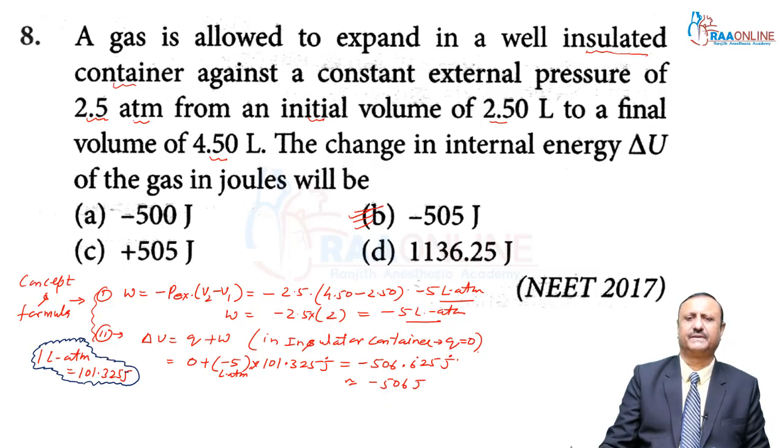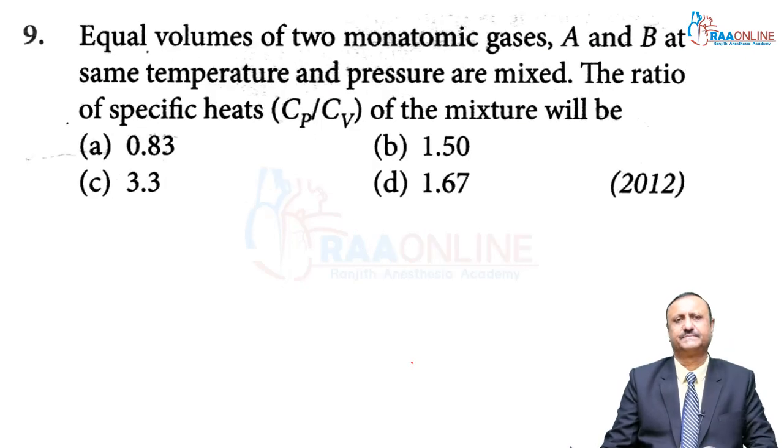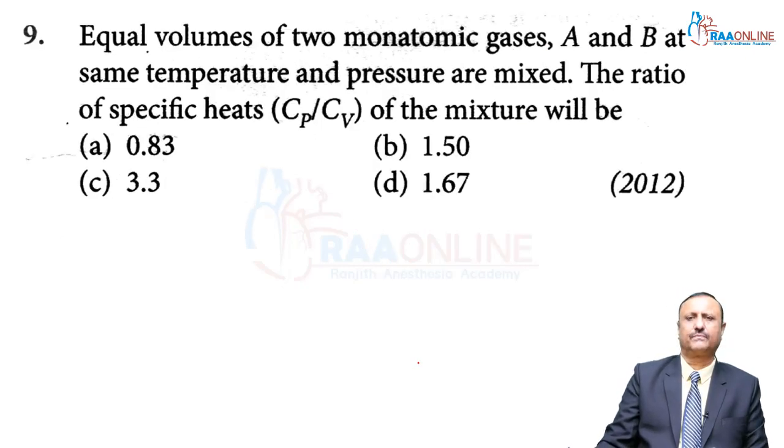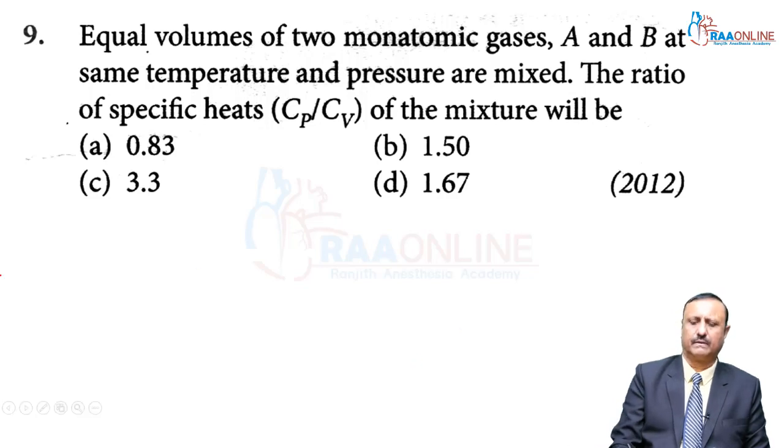Now, my dear friends, we can go to question number 9. Equal volumes of two monatomic gases A and B at same temperature and pressure are mixed; find the ratio of specific heats Cp upon Cv of the mixture. Here, my dear students, concept and formula.